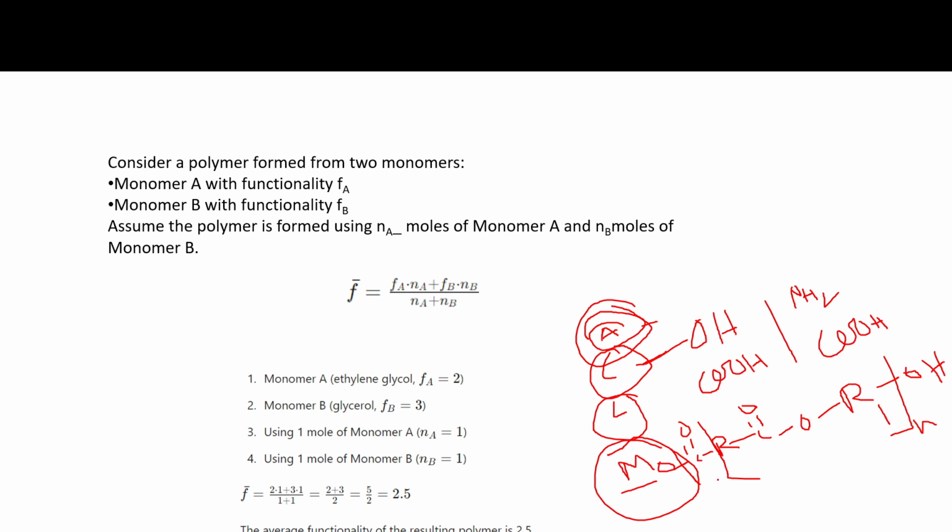If two groups are involved, like one acid and one alcohol, the functionality of this molecule will be 2. So we have to divide this repeating unit by 2, which gives the original repeating unit mass.